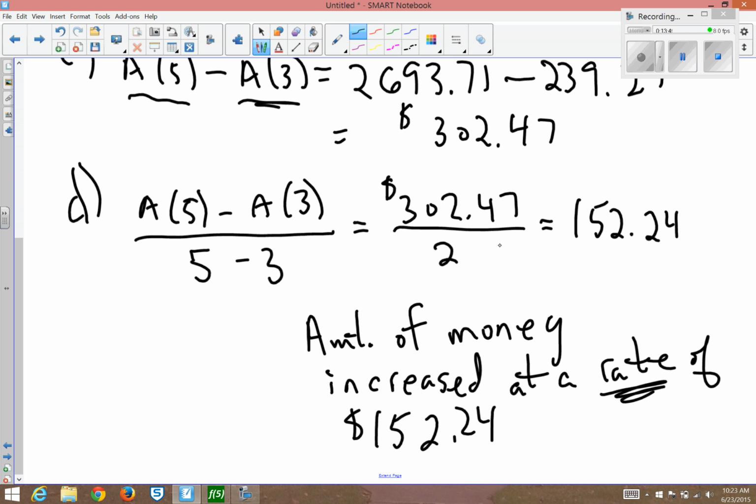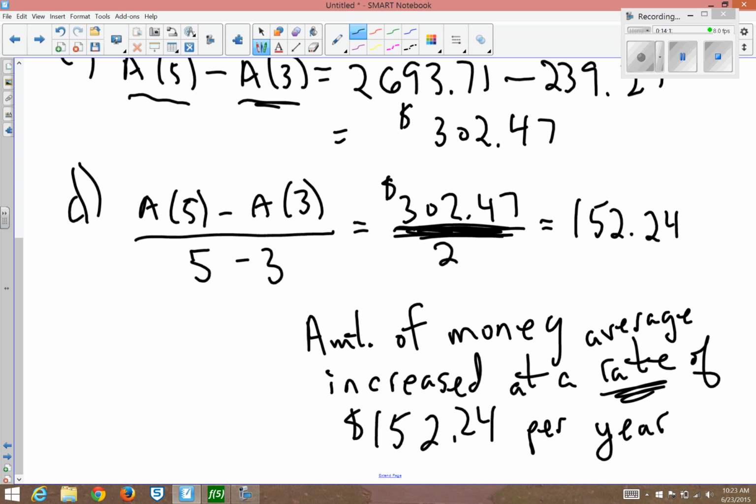because that's the numerator. Per is a translation of this line right here. Year, because the number underneath this line is a number of years. And I need to throw in the word average. This is the average rate.